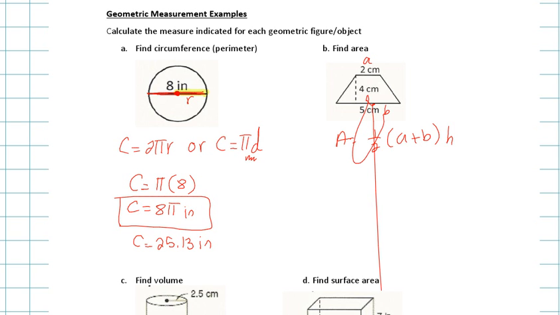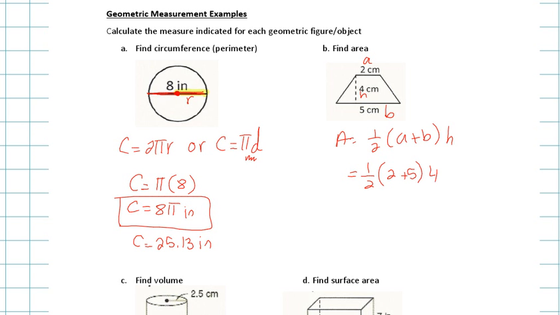H is the height. It's the dotted line that you see there. So let's fill in. It will be half times 2 plus 5 times 4.